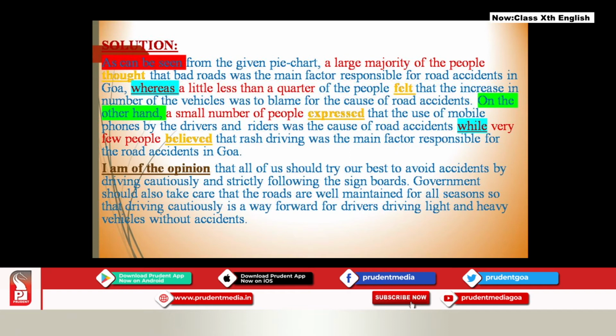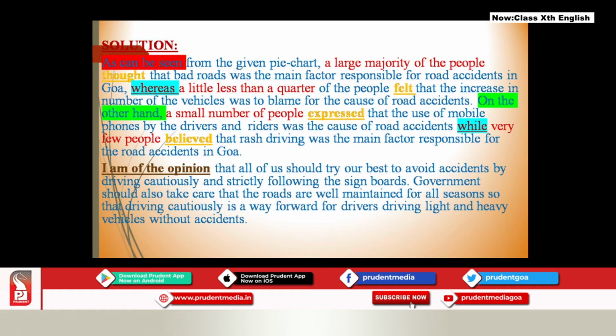I use the connector whereas. Now I'm comparing it with D. A little less than a quarter of the people felt, another verb, that the increase in the number of vehicles was to blame for the cause of road accidents in Goa.